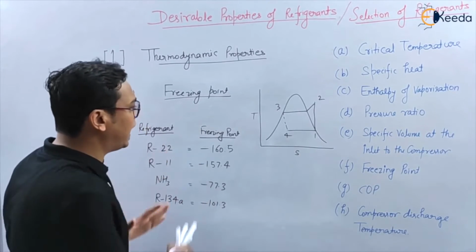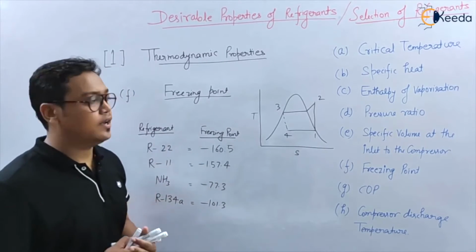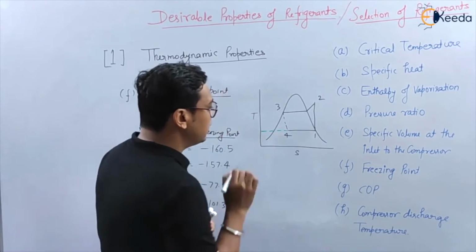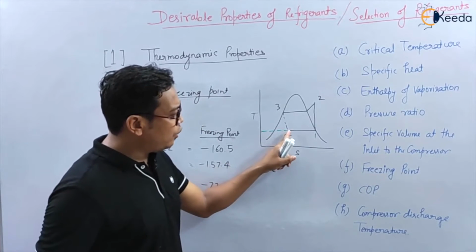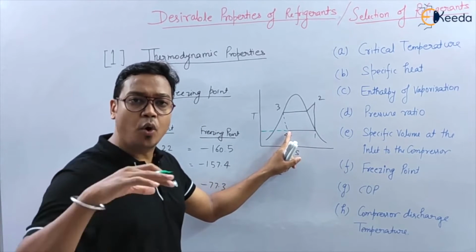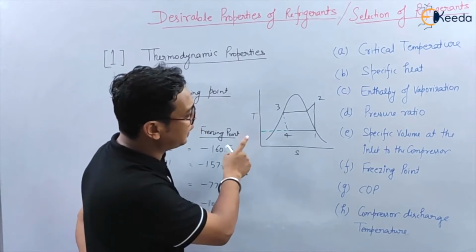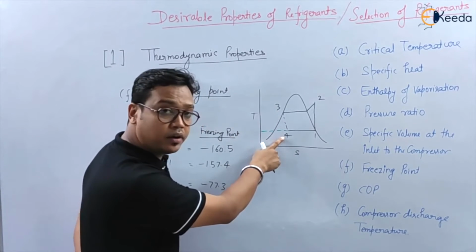What is the meaning of that freezing point? Suppose this is the point or temperature at which refrigerant will go into the evaporator. That means the temperature in the evaporator is decreasing from 3 to 4.